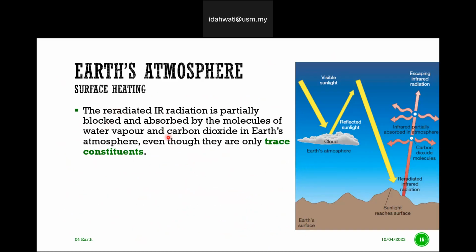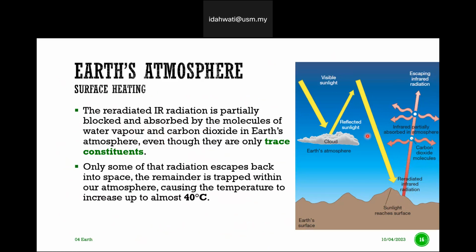This re-radiated IR radiation, the red color represented here, is partially blocked and absorbed by the air molecules of water vapor and carbon dioxide in Earth's atmosphere, even though they are only trace constituents.